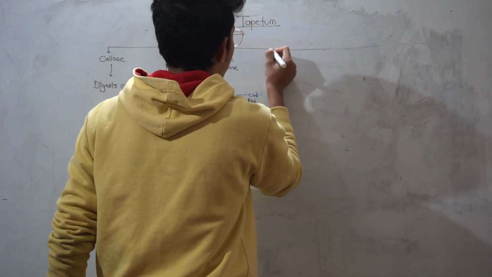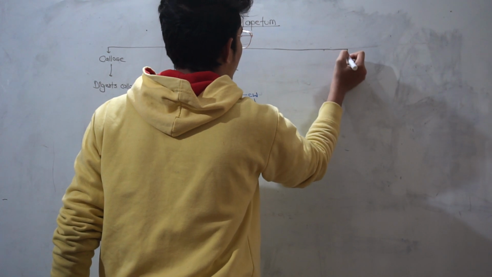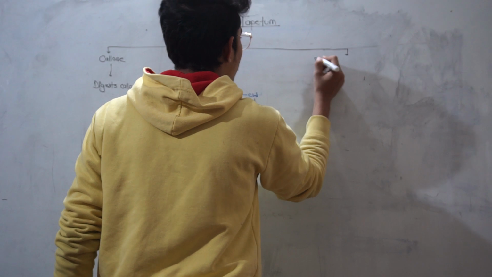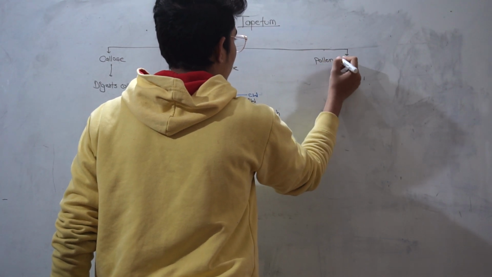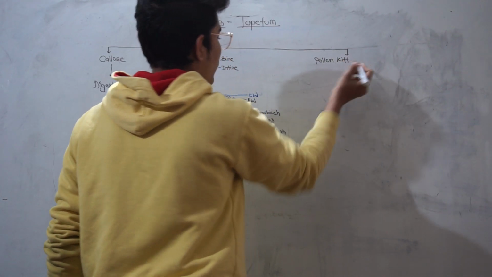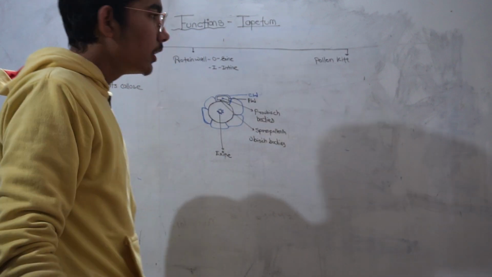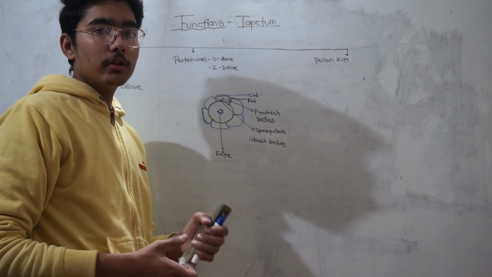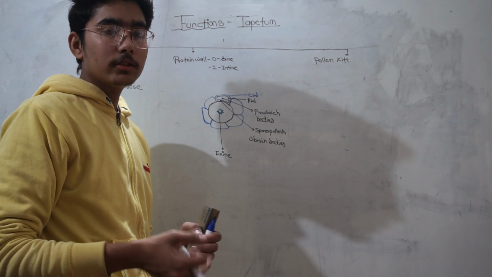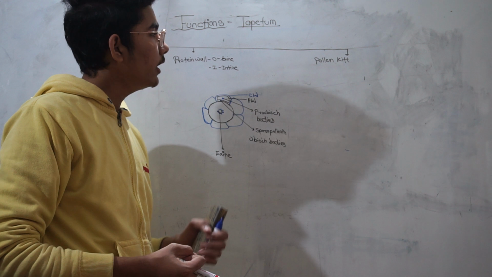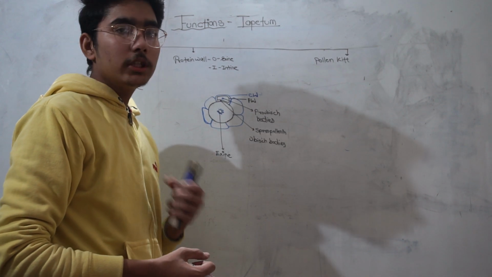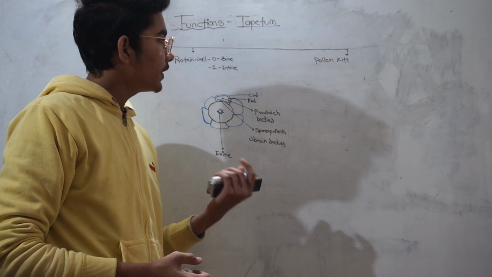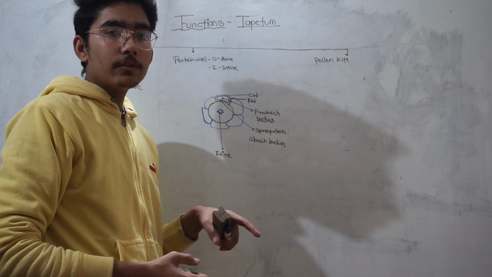Now one more feature of tapetum is that it forms a pollen kit. Pollen kit is nothing but a colorful covering over a pollen grain. Yes, it is light colorful, and due to the presence of light color, it attracts insects for pollination.